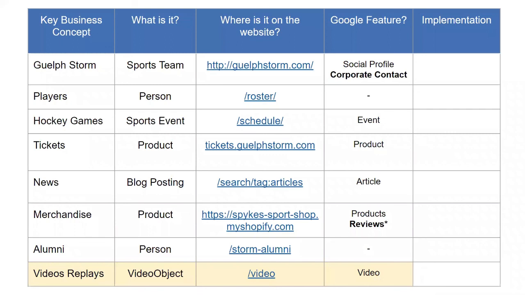Video replays. A whole section of the Guelph Storm site is around videos, and we can escalate or better show those in search as well. So that's where you want to identify what you're looking for, see what rich results it's eligible for, and then look and see what rich results are available from Google and make sure you have content for them.